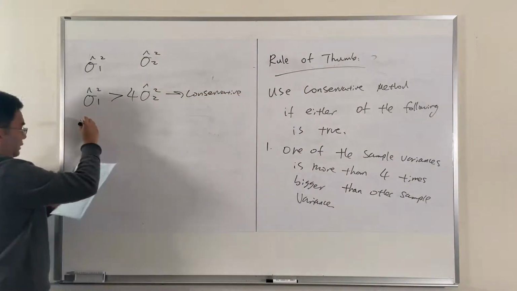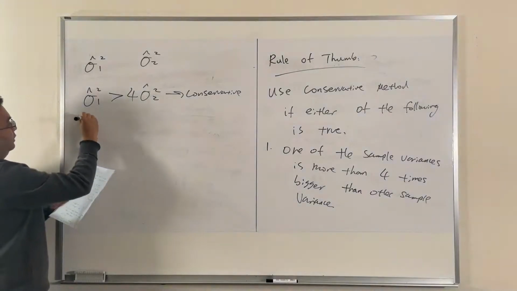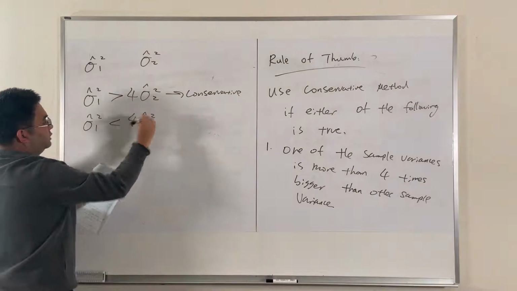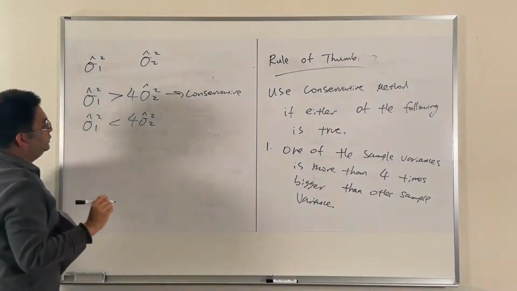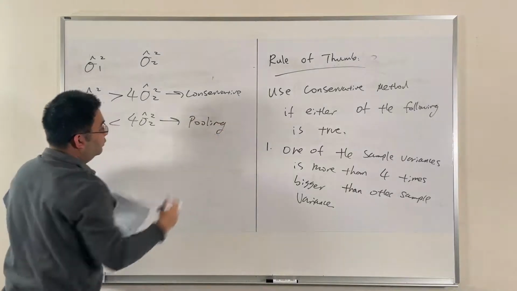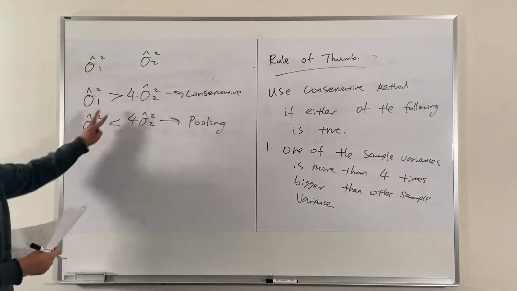If it's not, say sigma 1 hat squared is less than 4 times sigma 2 hat squared, then you're going to use pooling. But this is not done, right? You have to do it again by switching these two.